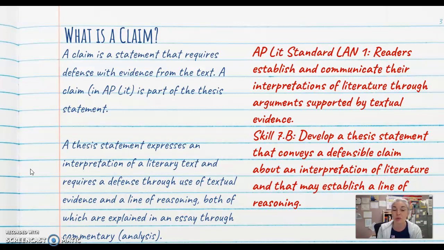I think on the AP rubric, it's called commentary. So the big thing to remember about this is that a claim is stating a position that you need to defend and argue. And all of this comes from the AP Lit standards.